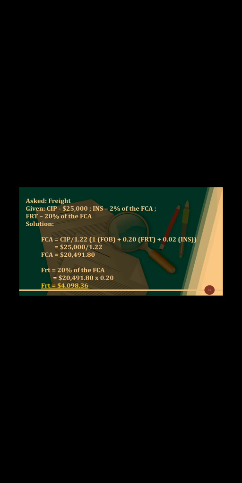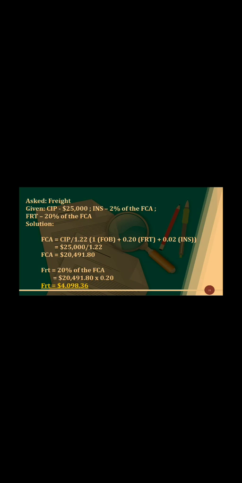So $25,000 divided by 1.22 equals our FCA, which is $20,491.80.